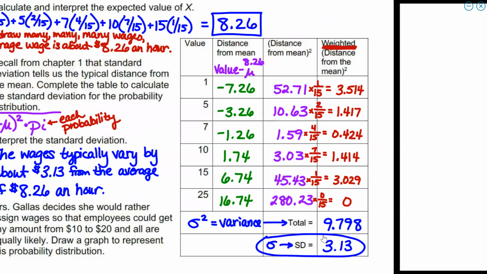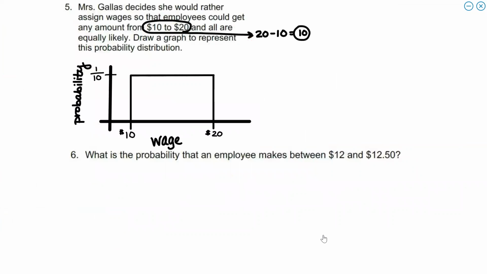And so we do 1 over that value. So this is what this would look like. Anywhere between 10 and 20, that would be my wage. And the probability of all of those would be equally likely, so 1/10. This is called a uniform distribution.